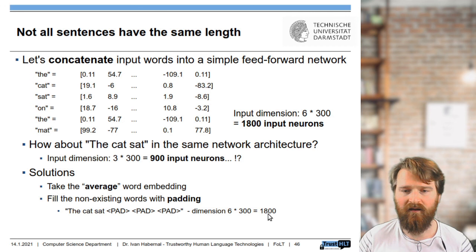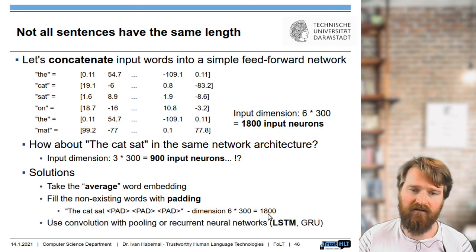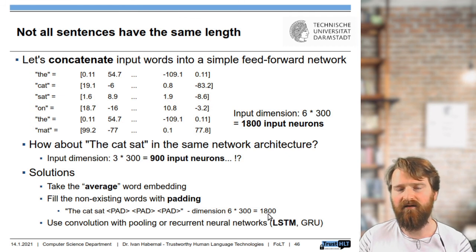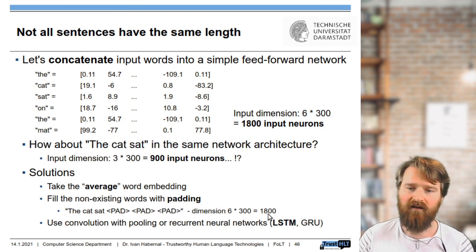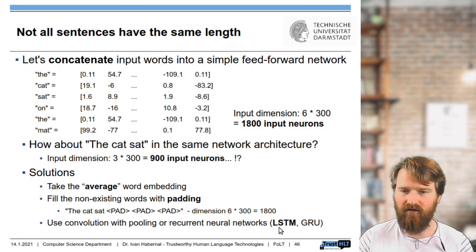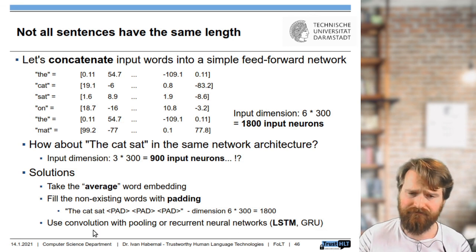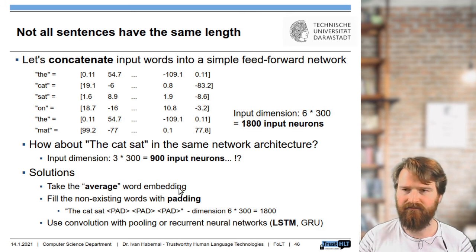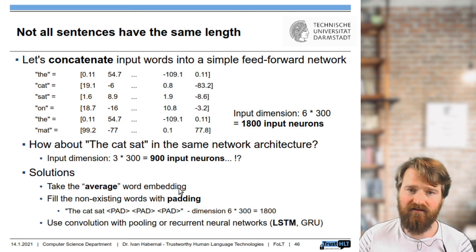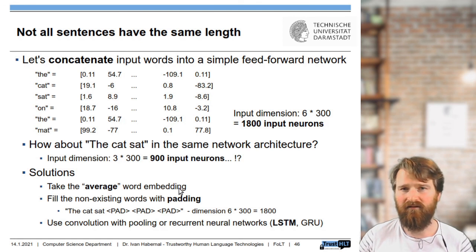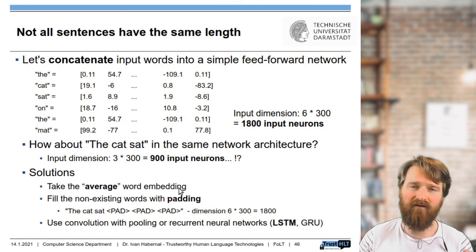So this is fine. And there are other, more advanced architectures, either recurrent neural networks like LSTMs, long short-term memory, gated recurrent units, or convolutional networks. But what you maybe want to do is just take the average of the word embeddings. Having said that, I believe this is just the very basics you need to start working on your exercises.